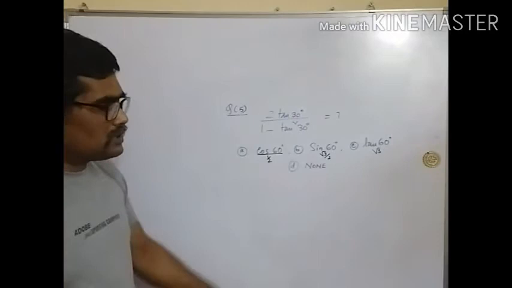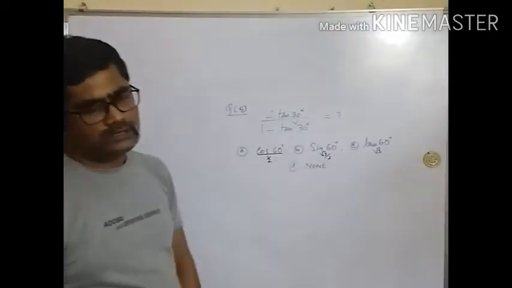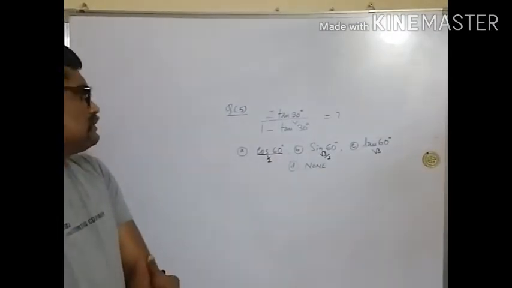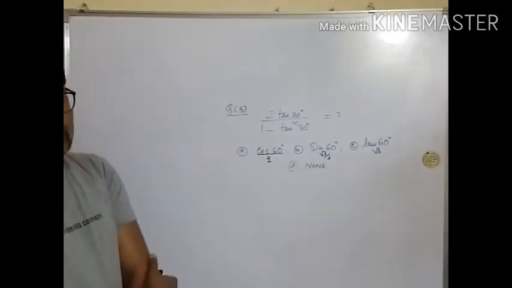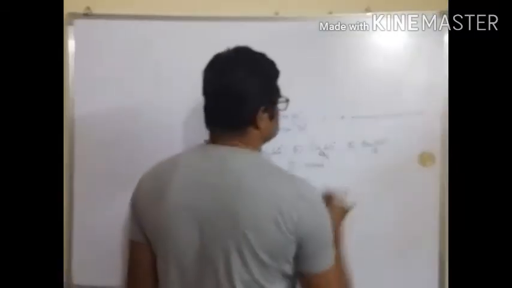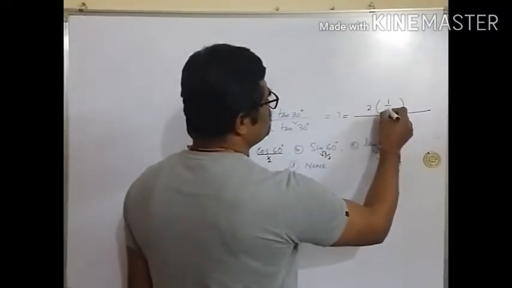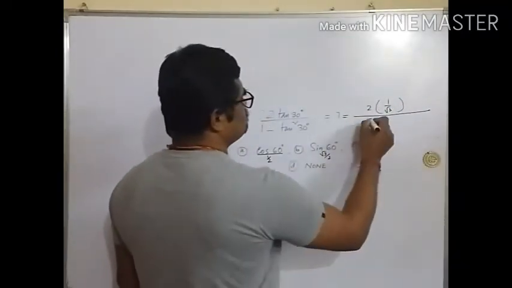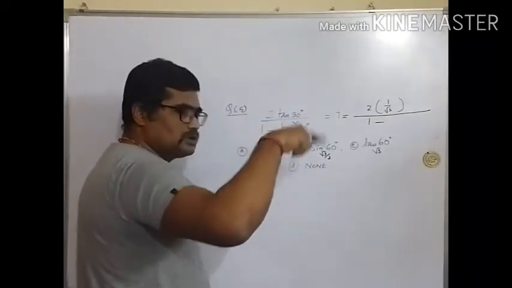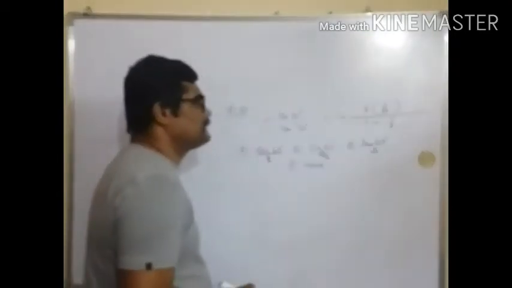Now just you see what value you will get for this and identify whether A, B, C or D is matching, right? So for that again you have to do calculations. So I'm writing it here only. 2 tan 30 means 1 by root 3 and this is 1 by root 3 स्क्वायर है तो उसके ऊपर स्क्वायर पड़ेगा 1 by 3.